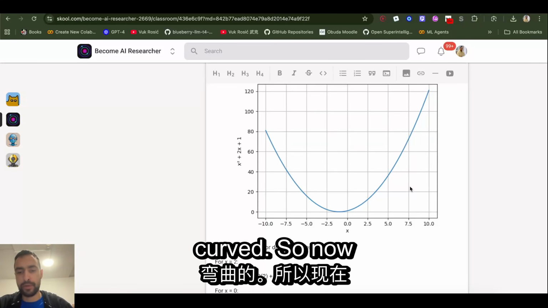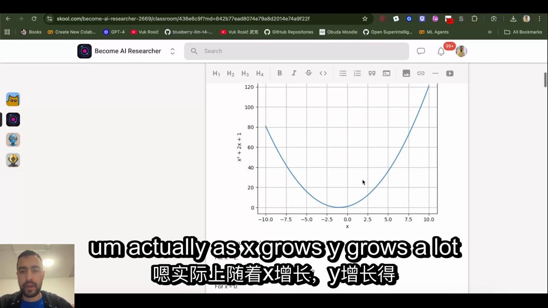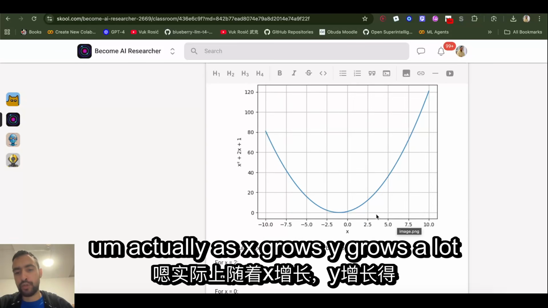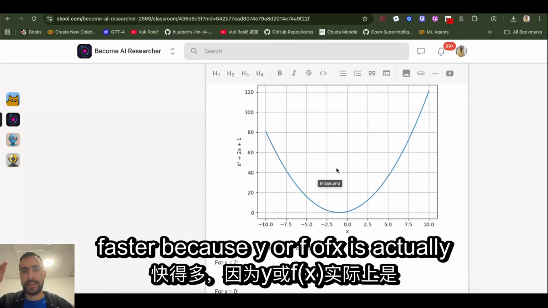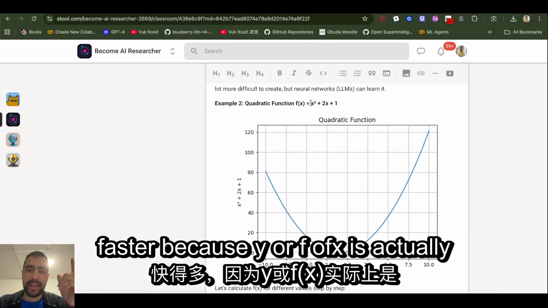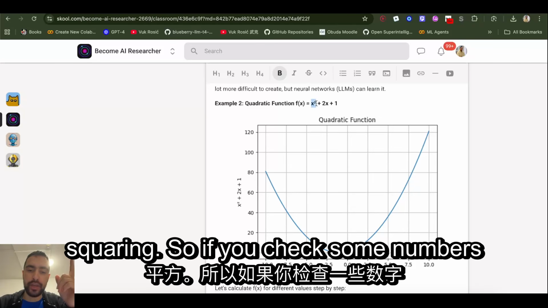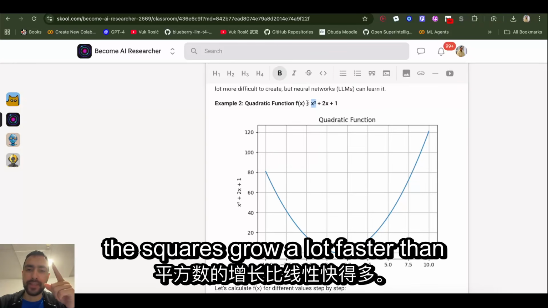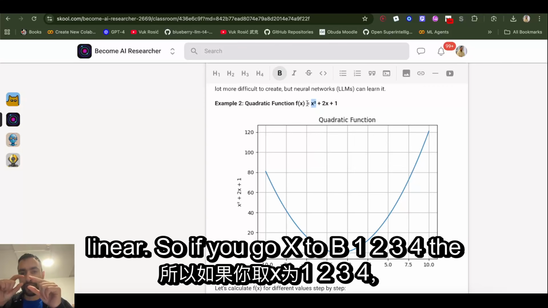Actually, as x grows, y grows a lot faster because y or f of x is squaring. If you check some numbers, the squares grow a lot faster than linear.